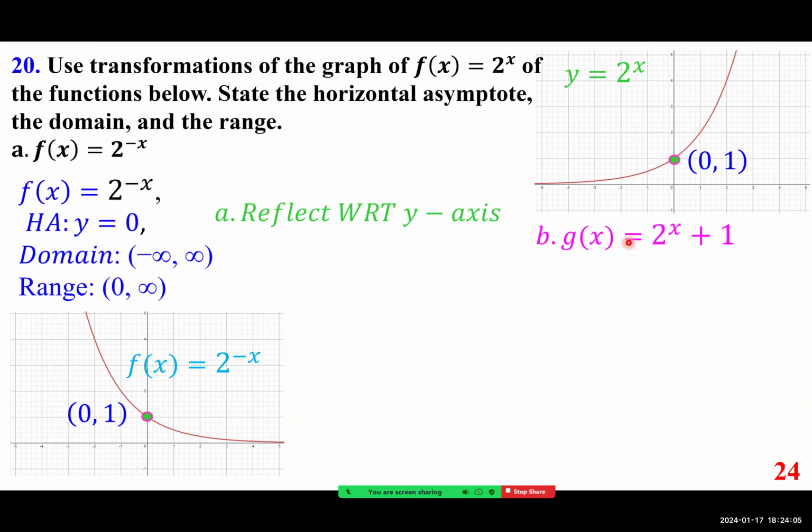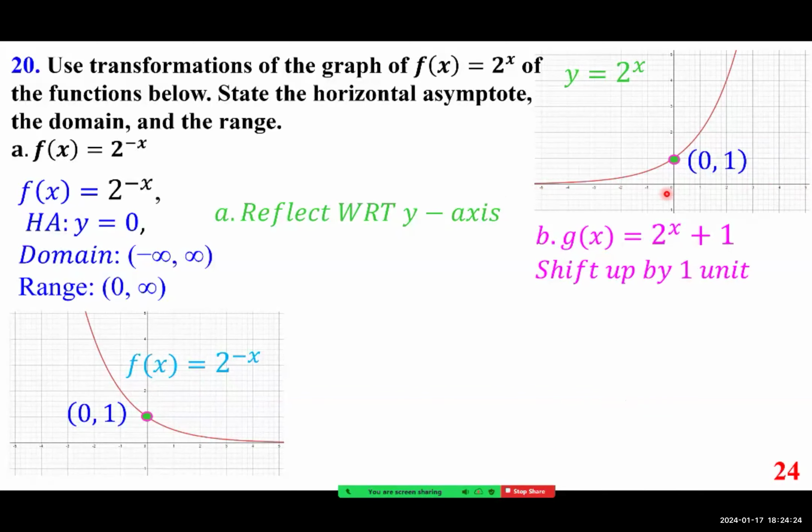How about this one we want to graph now? Now that's the same as this guy, but it's been shifted up by 1. So when it goes up by 1, the 0, 1 goes to 0, 2, and the x-axis, or y equal to 0, becomes y equals 1.